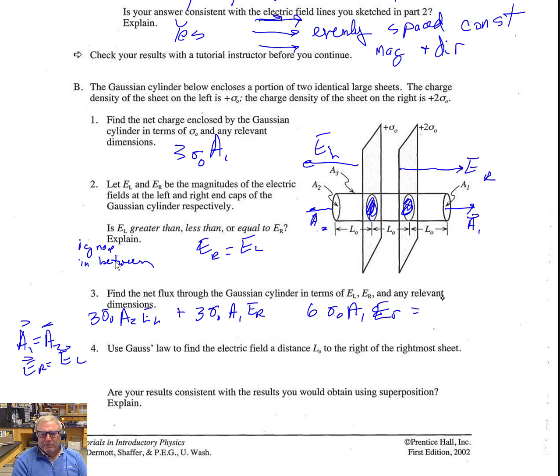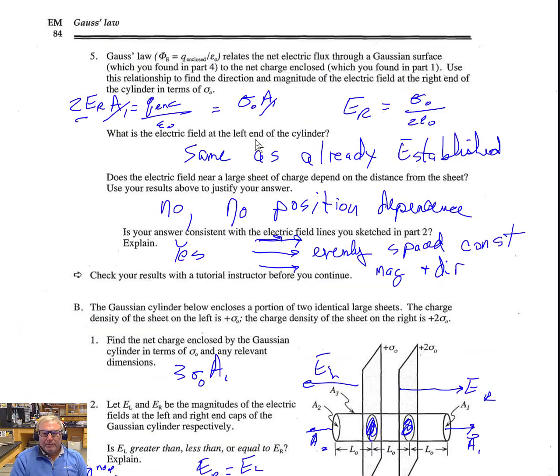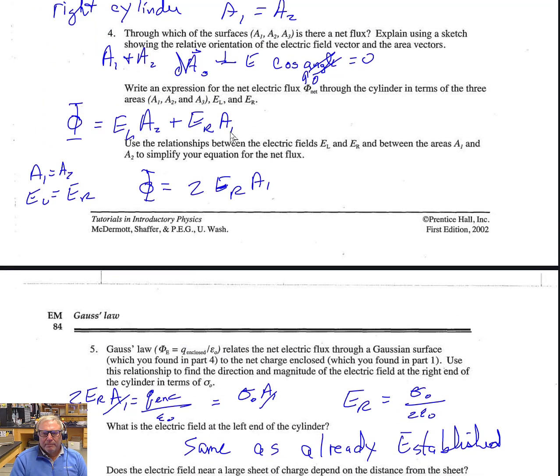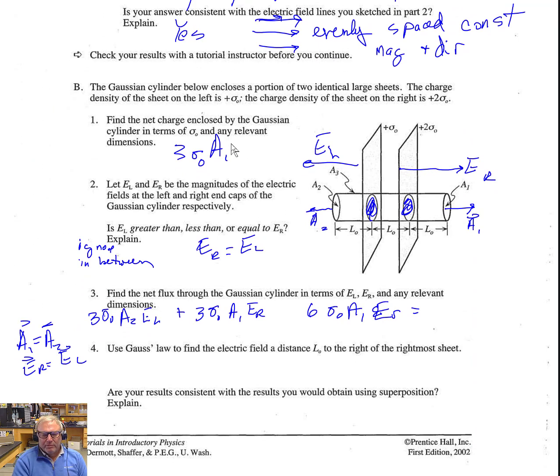I'm doing something wrong. Wait a minute. Yeah, there's no sigmas in here. So that disappears, and this is just 2 again.